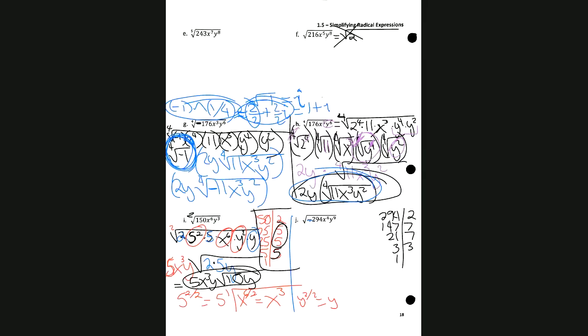So to rewrite that radicand, we cannot forget about the negative, so we will have -1 times 2 times 7 squared, and then times 3, and then times x to the 4th, and for the variable y to the power 9, I'm going to split it using an exponent that could be divided by a 2. So I'm going to use y to the power 8 times y.